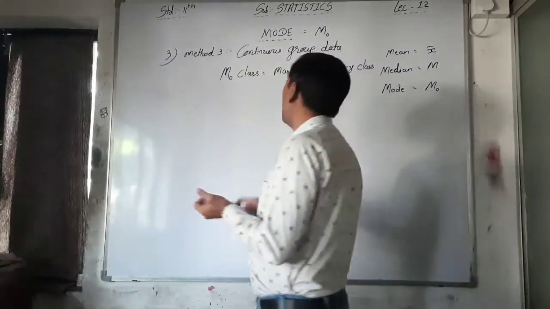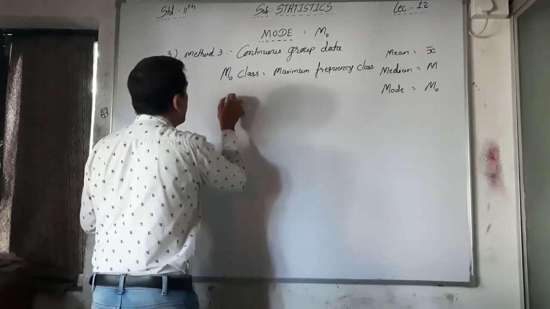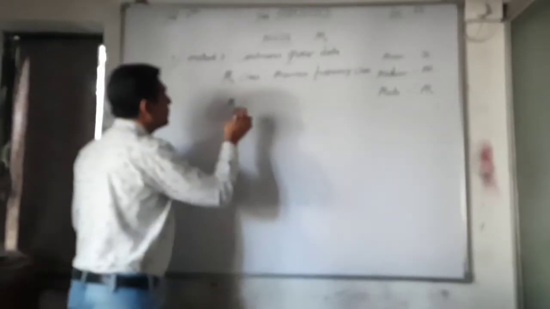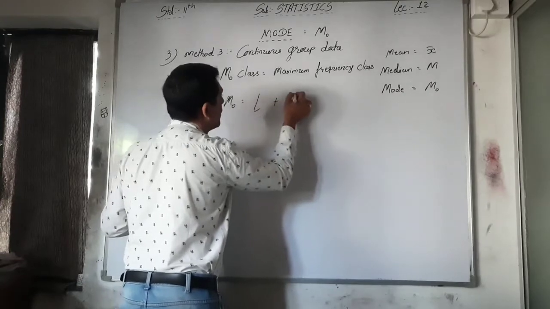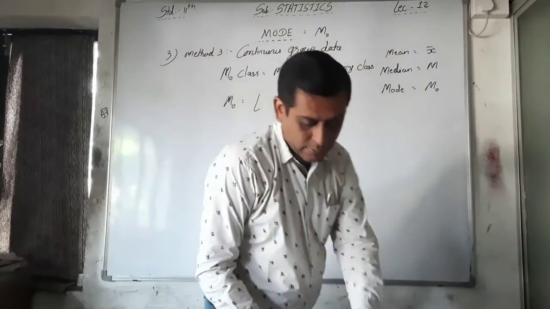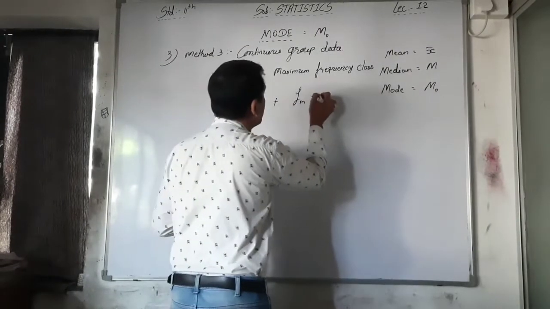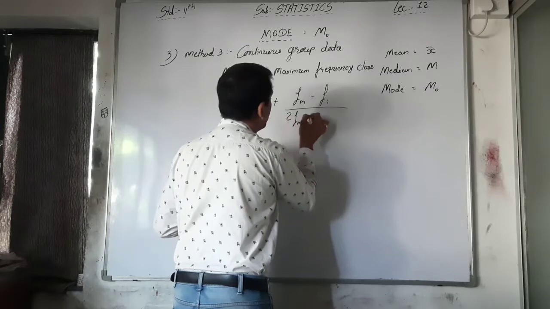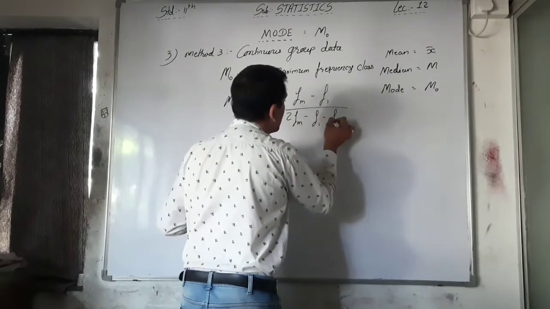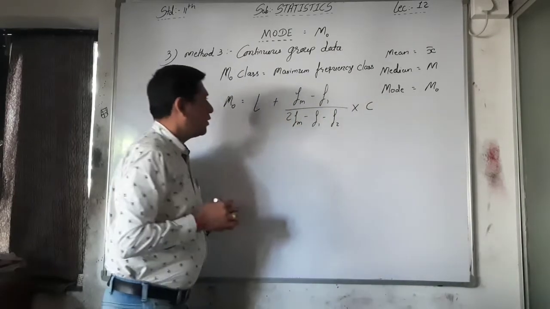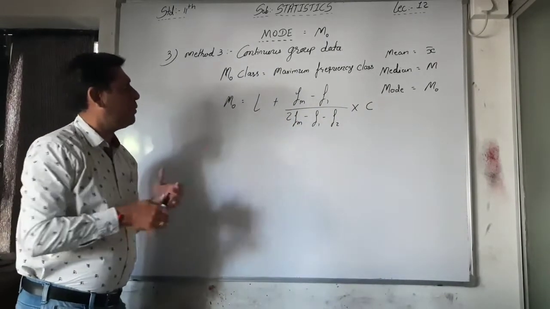And now the original formula for MO, that is L plus (Fm minus F1) upon (2Fm minus F1 minus F2) into C.